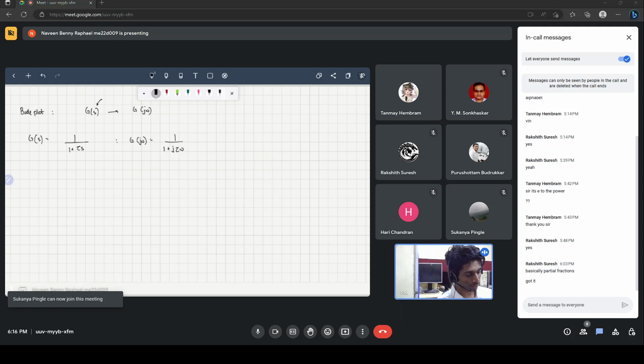Since it's a complex valued function, this essentially has two parts to it. This has the magnitude and the argument. Like for example, the magnitude of 1 plus i is root 2, and the argument is pi by 4.